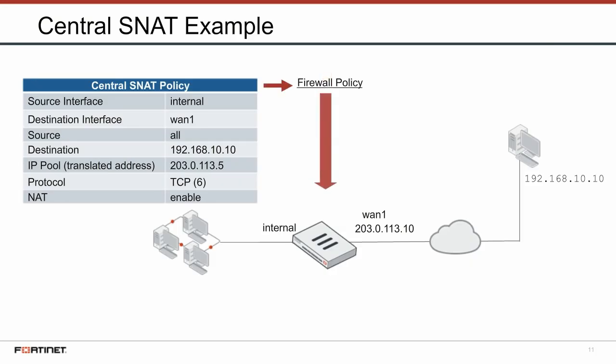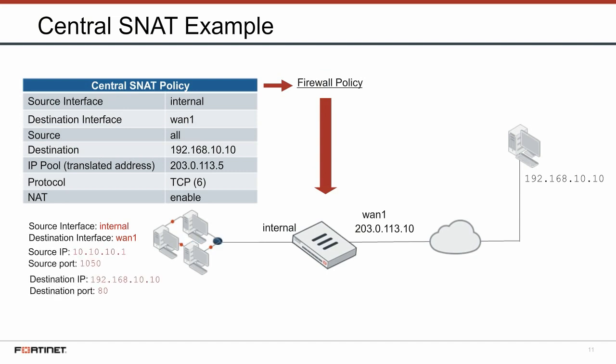In the example shown on this slide, the Central SNAT policy translates the source IP address to the defined IP pool address 203.0.113.5. However, the translation takes place only if the traffic matches all the variables defined in the Central SNAT policy.